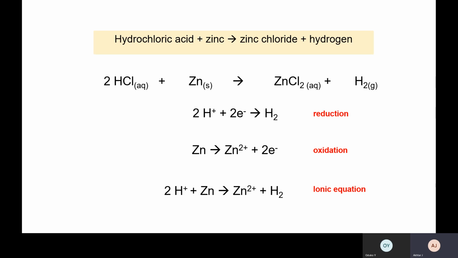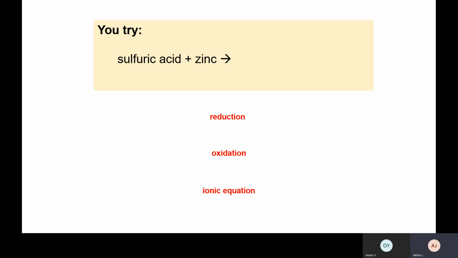Right, this time I've not completed the word equation. So if you use the table from before or your previous knowledge about what salt will be formed, going back to our rule, firstly you need to finish the word equation, then write the balanced symbol equation, then write the half equations and combine them to get the ionic equation.